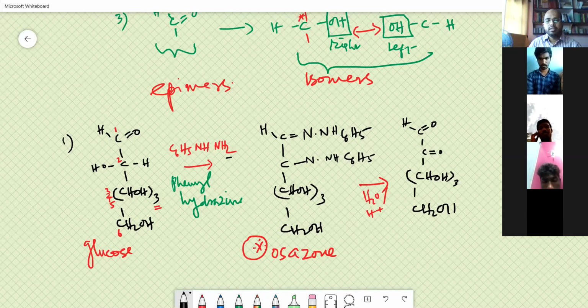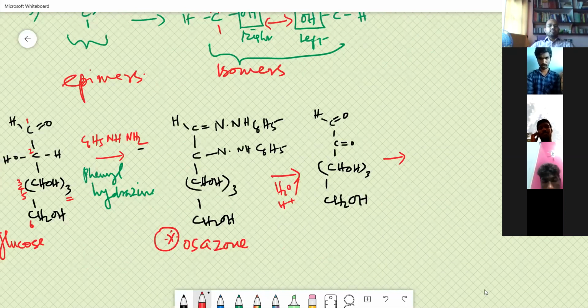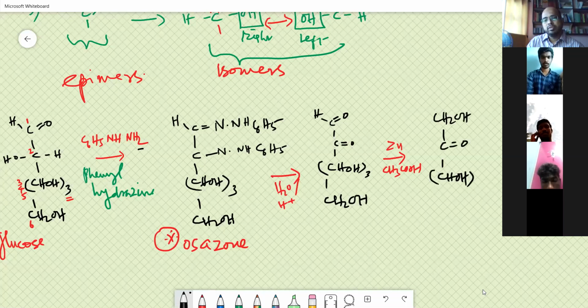After this, when you treat it with zinc in acetic acid, CH3COOH, you get CH2OH, C=O, CHOH three times, and then CH2OH.